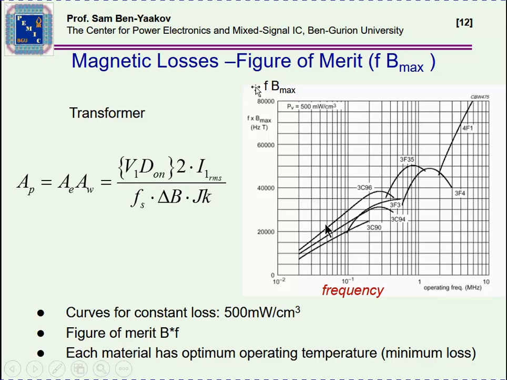So this is a way to look at the differences between the core materials and to choose the one that you would like to have in terms of minimum size of a core. The comparison here is actually made for one particular power loss point, 500 milliwatt per centimeter cube. So they are compared on the basis of the same reference level.